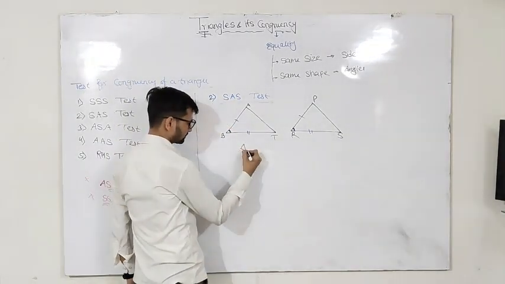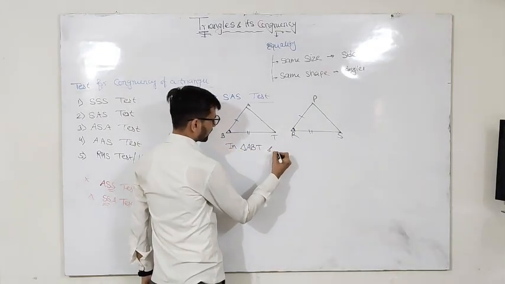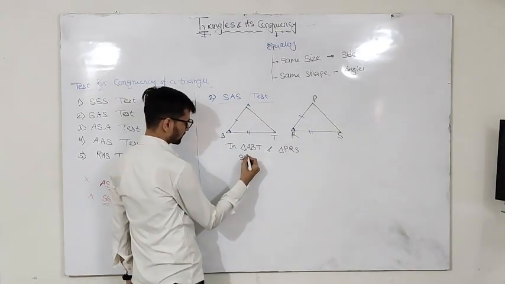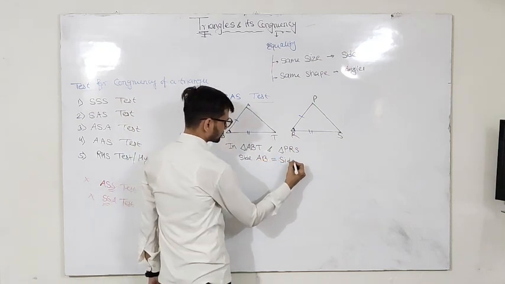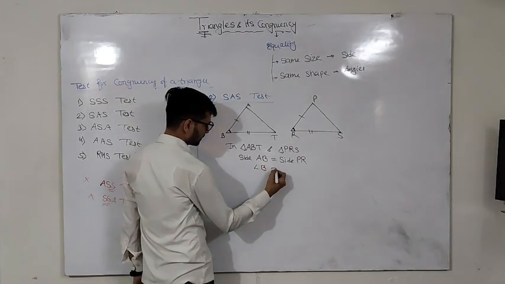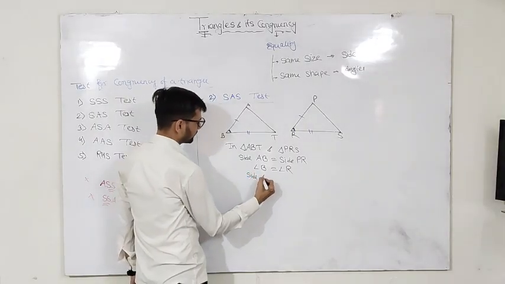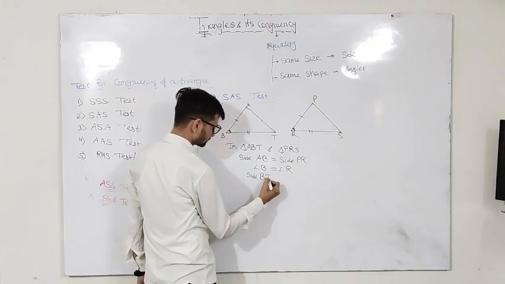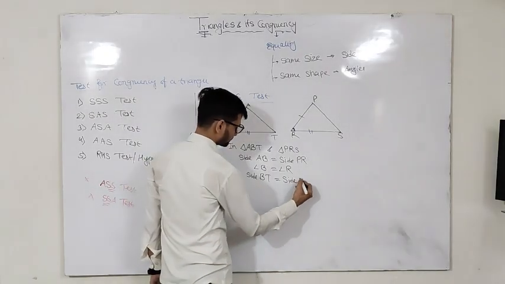How can we write it? In triangle ABT and triangle PRS, side AB equals side PR and angle P equals angle R and side BT equals side RS.